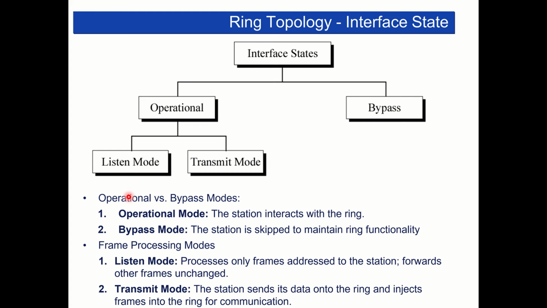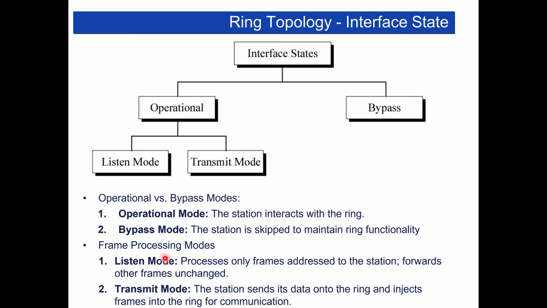So what is the difference between operational and bypass mode? For operational mode, the station interacts with the ring, while in the bypass mode, the station is skipped to maintain ring functionality, meaning the signal or the packet will not be regenerated.